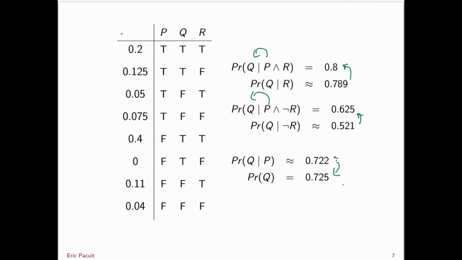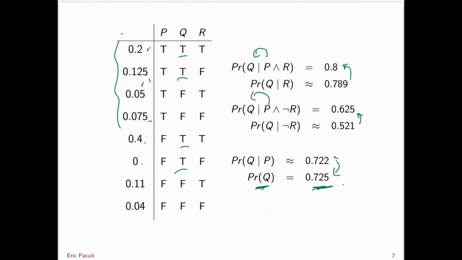Well, let's run through these calculations real quick. Let's start with the probability of Q. Well, Q is true on these 4 rows. And we can see that if we sum up the probabilities, we get 0 plus 0.4 plus 0.125 plus 0.2, which is 0.725. What about the probability of Q given P? Well, P is true in these first 4 rows. 0.125 plus 0.075 is 0.2.